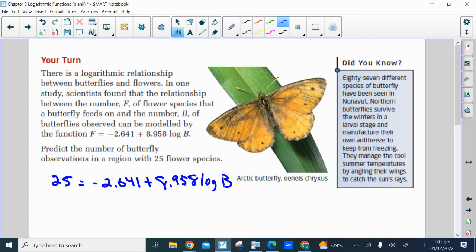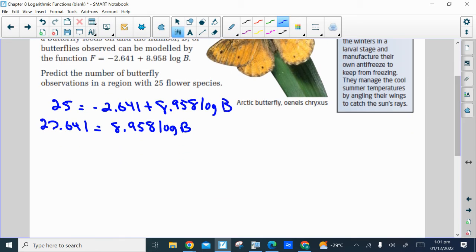So we'll add the 2.641 to both sides. So that'll be 27.641 on the left, equaling 8.958 log B. We'll divide both sides by 8.958.